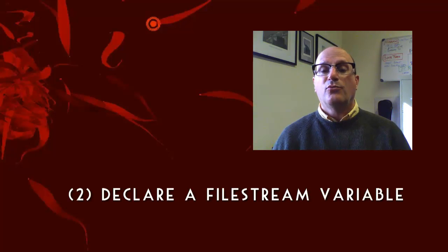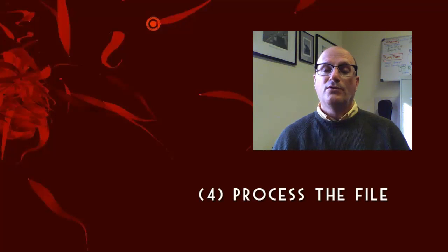Number 3, you need to open the file that is going to produce data or receive data. Number 4, you process the data in whichever way your program requires. And number 5, you need to remember that you need to close all of your files.